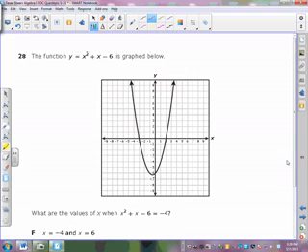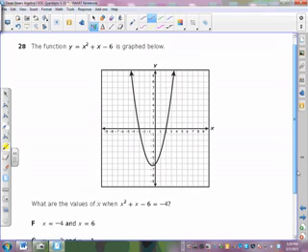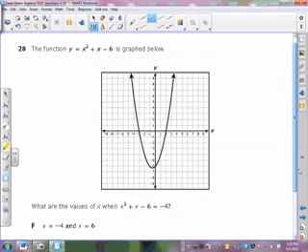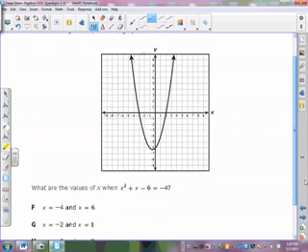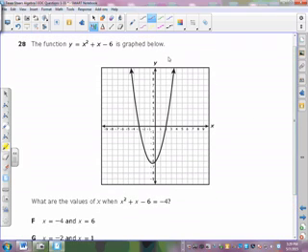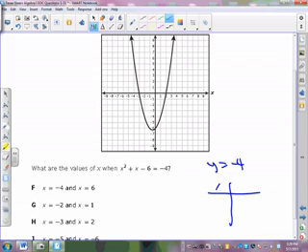Okay, let's look at this one. They have this function graph below. What are the values of x when that's equal to -4? It's a little bit different problem. What we need to do is they've given us y. Let's also go ahead and graph y equal -4. If you forget how to graph that, that means y is stuck at -4.